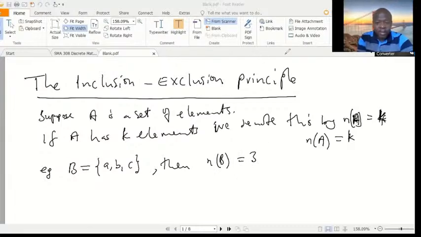Now let's look at one example for me to introduce the Inclusion-Exclusion Principle.